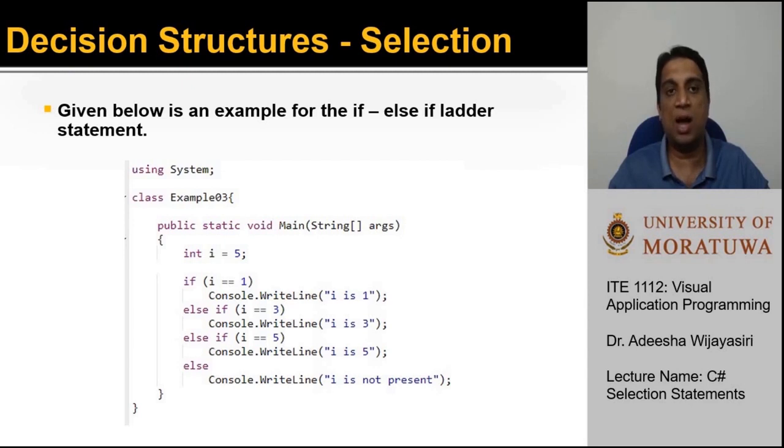Based on the value of I, one statement will be executed in this if-else if ladder. As the value of I is 5 in this example, I is 5 will be printed. If I is not any of 1, 3 or 5, then the statement in the else clause will be executed.